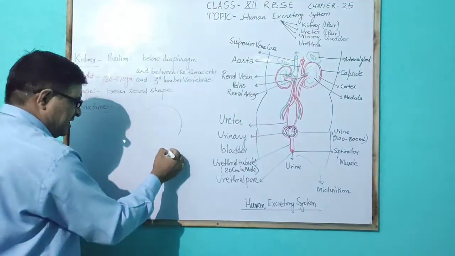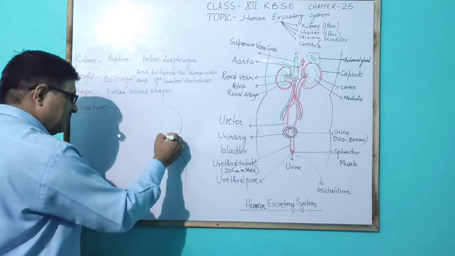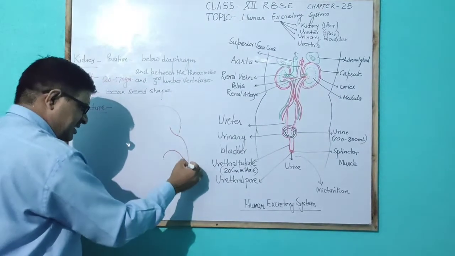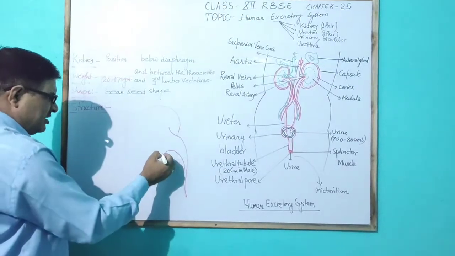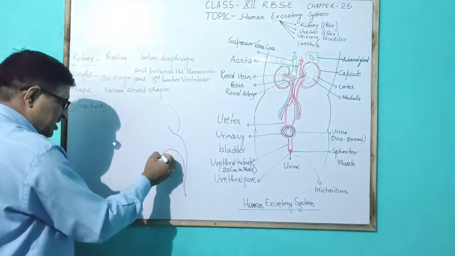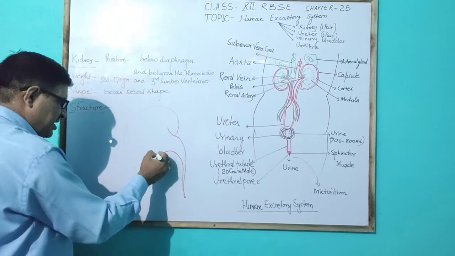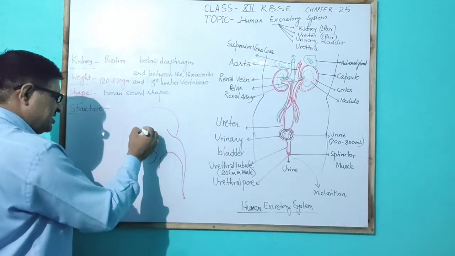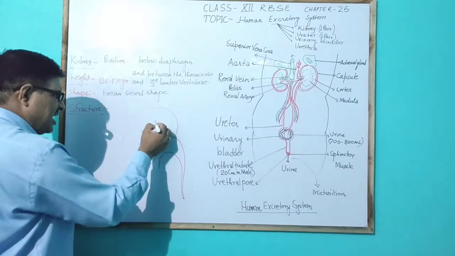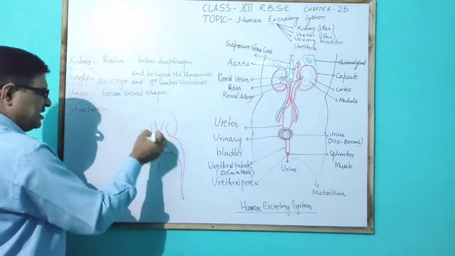The kidney has a broader part which opens into the ureter. This broader part is called the pelvis, which generally has many branched structures like this.